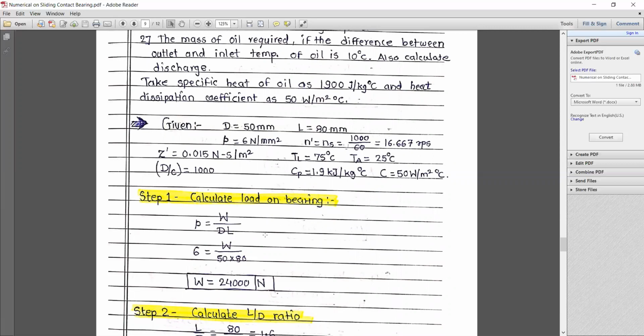Then the operating temperature is 75 degrees. Inlet temperature, or atmospheric temperature, is 25 degrees centigrade. Then the D by C ratio, which is given, is 1000. Value of Cp is 1.9 kilojoule per kg degree centigrade, and the value of C is equal to 50 W per meter square degree centigrade.